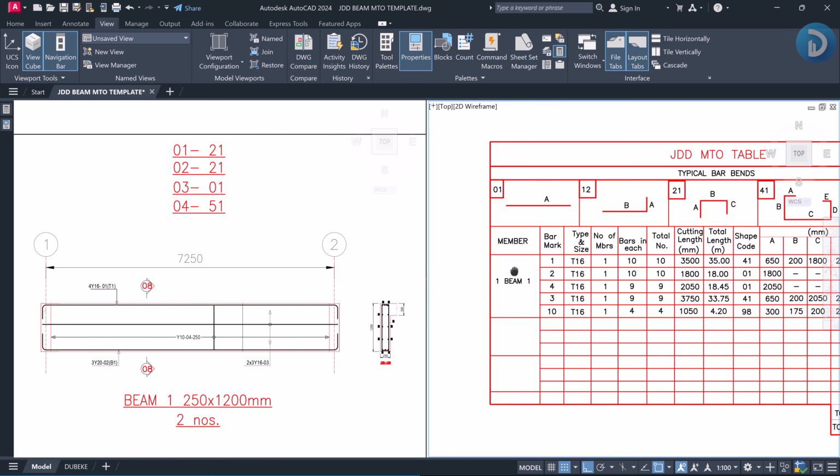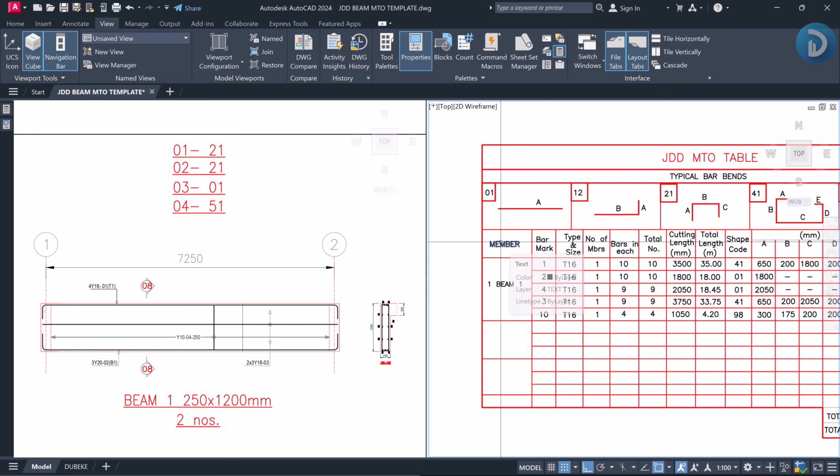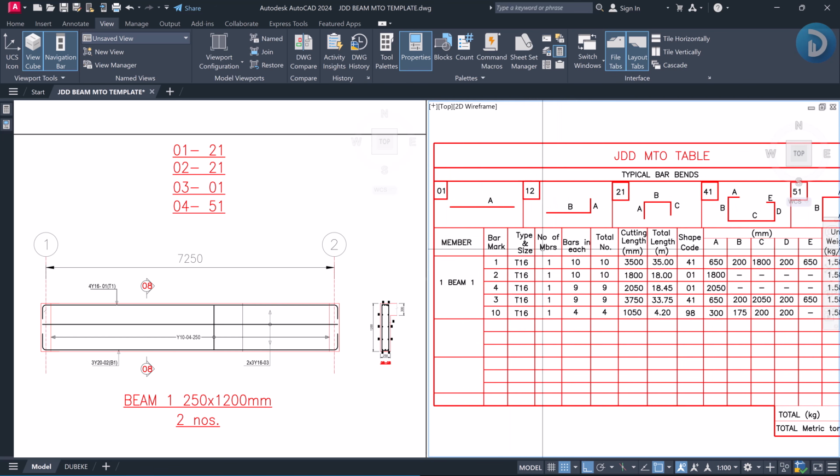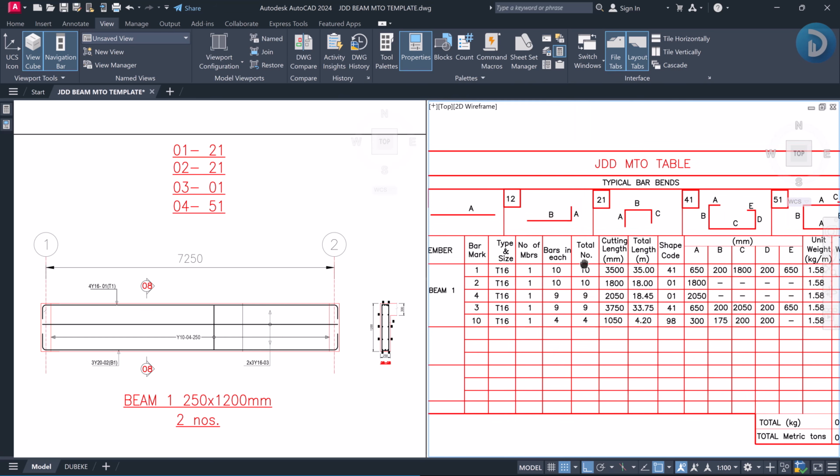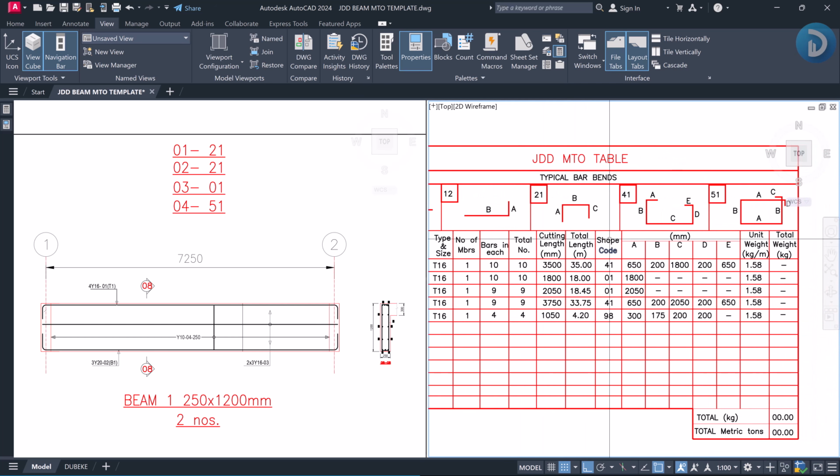The first is the member we are dealing with. The second is the bar mark, which we've earlier identified. The third is the type and size of reinforcement. Then we move to the number of members in the beam, the bars in each beam, the total numbers, the cut length, the shape code, and the different properties required by your respective shape code.